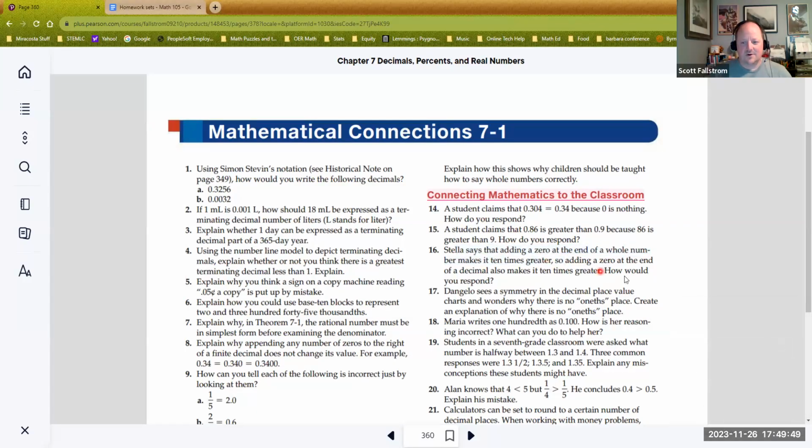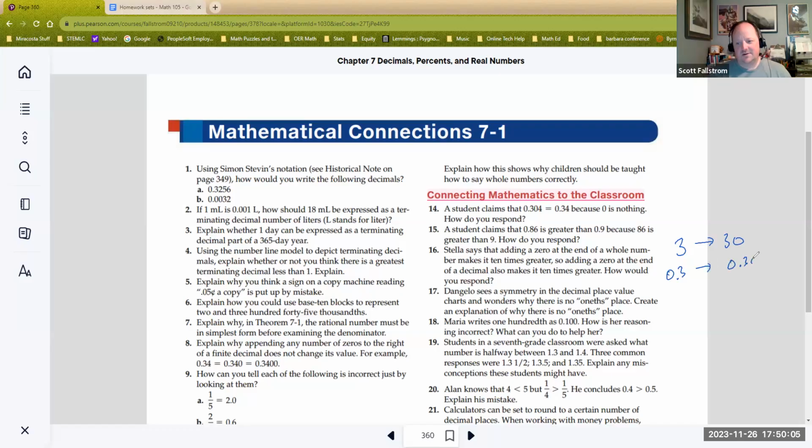So adding a 0 at the end of a decimal would make it 10 times greater. Okay. So think about that, right? If you had the number 3 and you put a 0 at the end, it's 10 times bigger. So if we did this and put a 0 at the end, then it's also 10 times bigger. How do you respond to Stella?